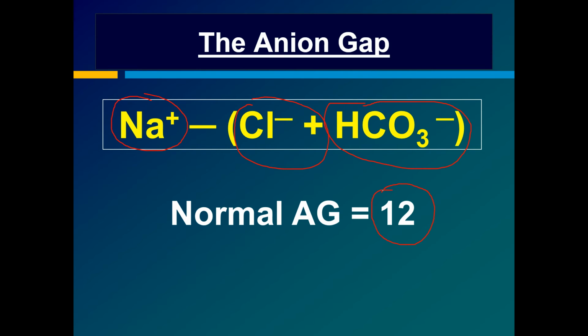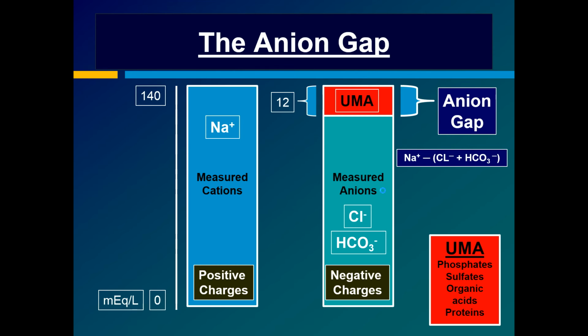There likely are variations patient to patient, but in general, what we refer to is that the normal anion gap, the difference between cations and anions, and again, these are the ones that we're just measuring, it's not in total, is 12. Now, conceptually, this I think will help explain this a little bit better. So if we're talking about measured cations, again, the only one that we're measuring in this particular formula is sodium.